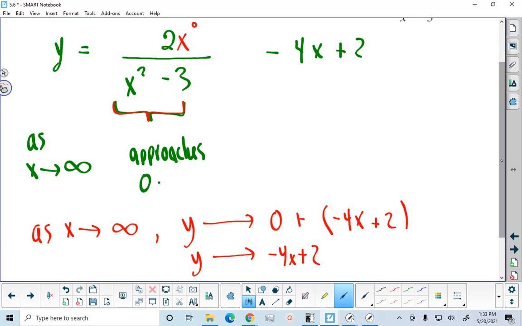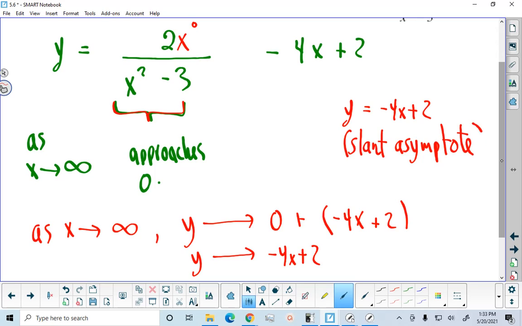So that must be the equation of the slant asymptote. What I've done on the board here is a totally different approach. I'm not playing around with numbers right now. I'm playing around with the concept of a limit.